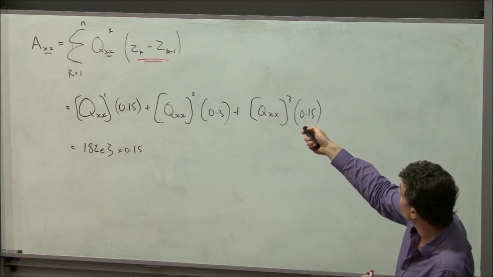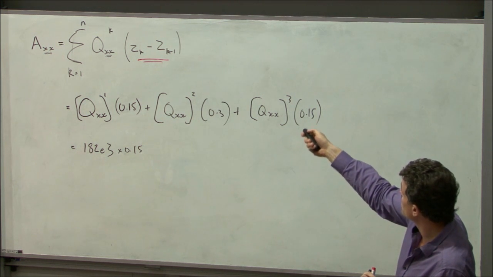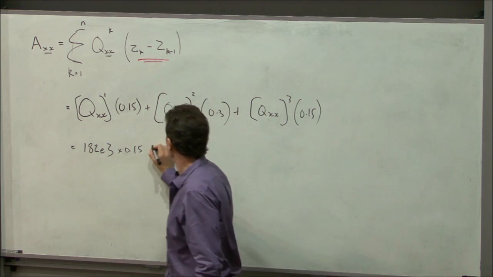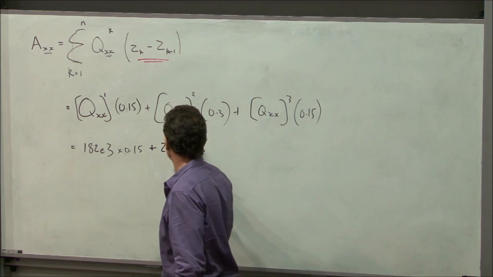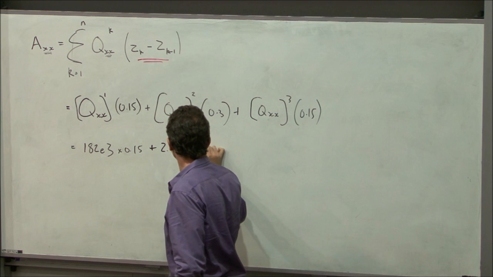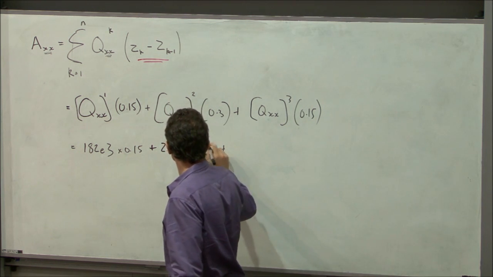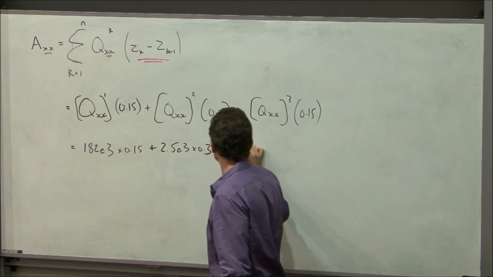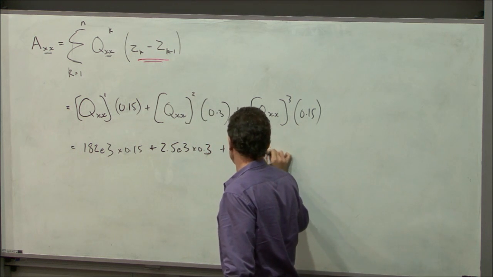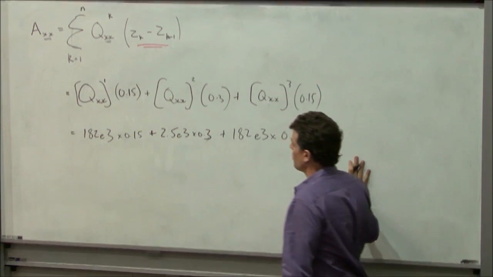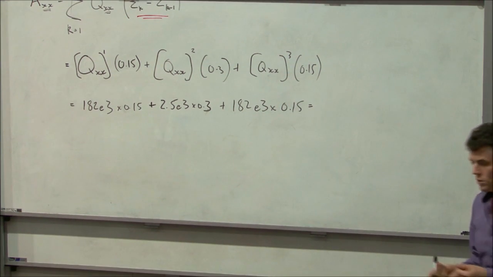So we have one of these, then one of these, and then one of those again. Okay, so let's cram that through a calculator.